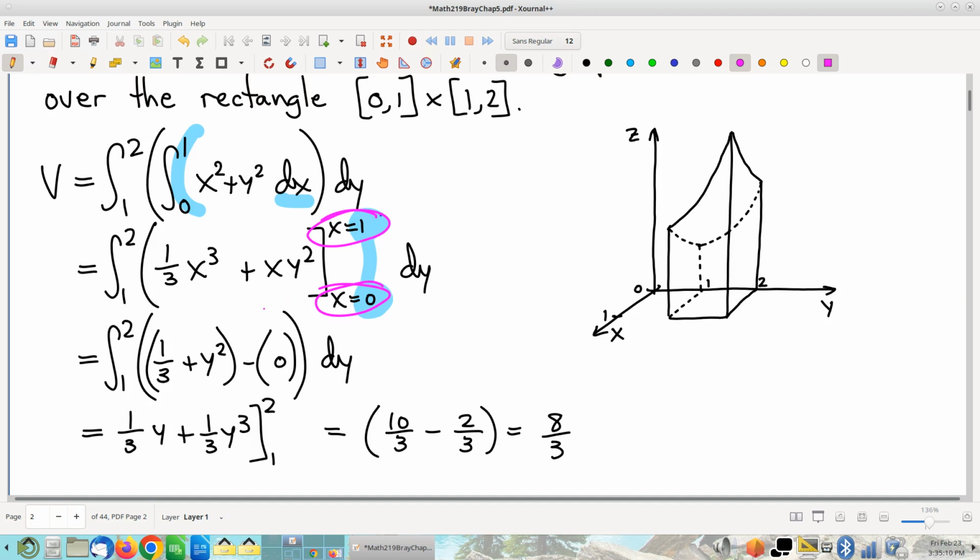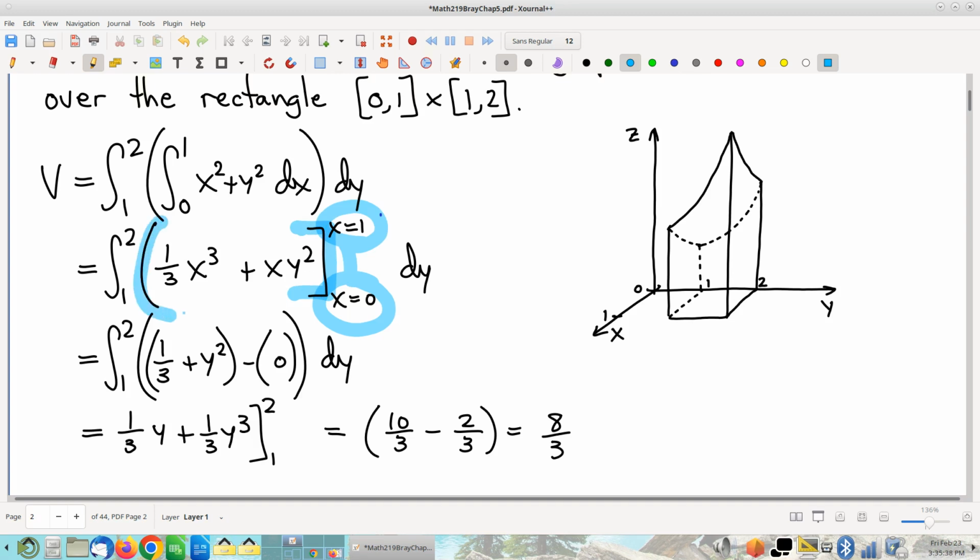Yeah, go ahead. Question: how come you write a parentheses right there in that line, when you're evaluating x? You see where you're talking about placing x equals 1 and x equals 0. Yep. Not the bracket, the parentheses.